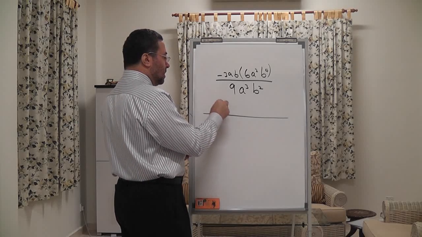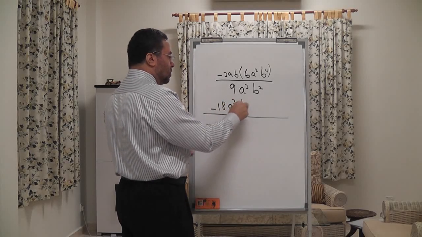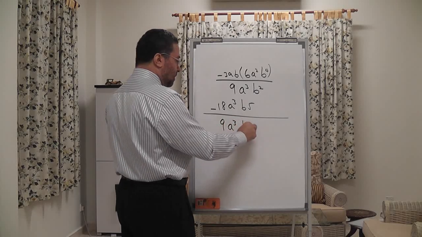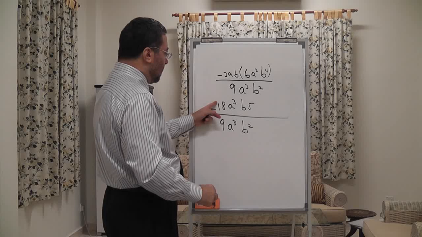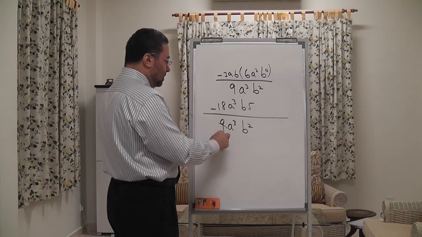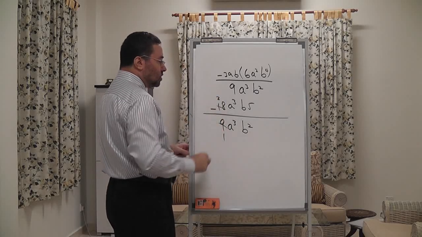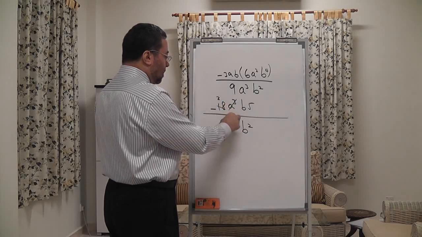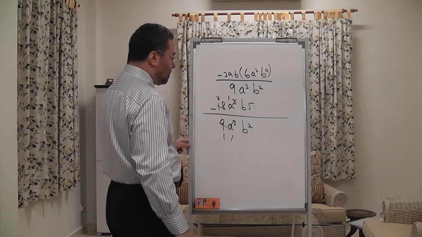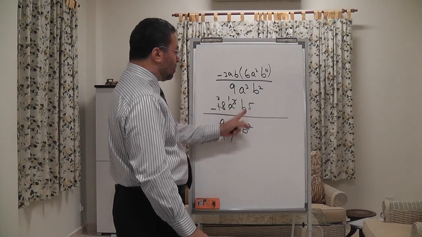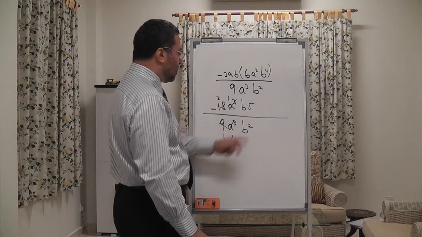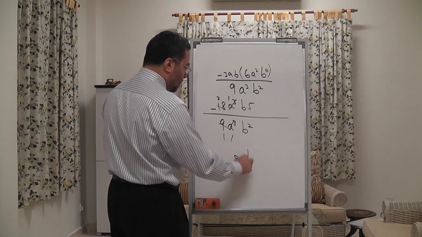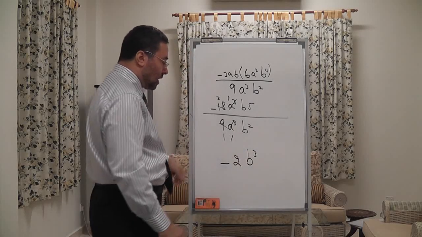That's minus 18 a cubed b to the 5th over 9 a cubed b squared. 18 cuts with the 9, and that gives us 2. So in the numerator we are going to get minus 2, and the a cubed cuts with the a cubed, 1, 1. And b raised to the 5 cuts with b squared, and that gives us b cubed. So we are going to get minus 2 b cubed, and that's the answer.